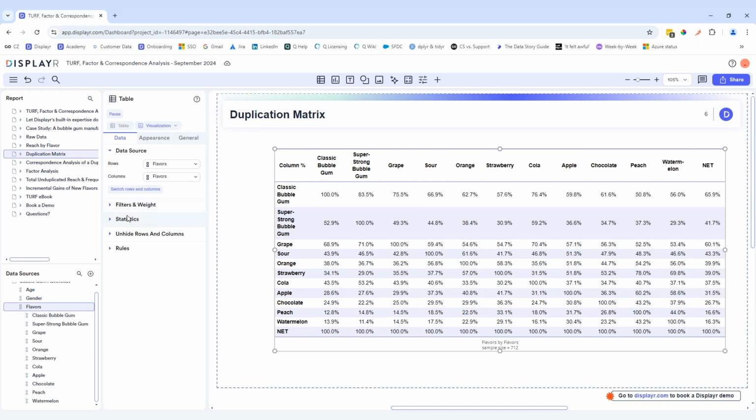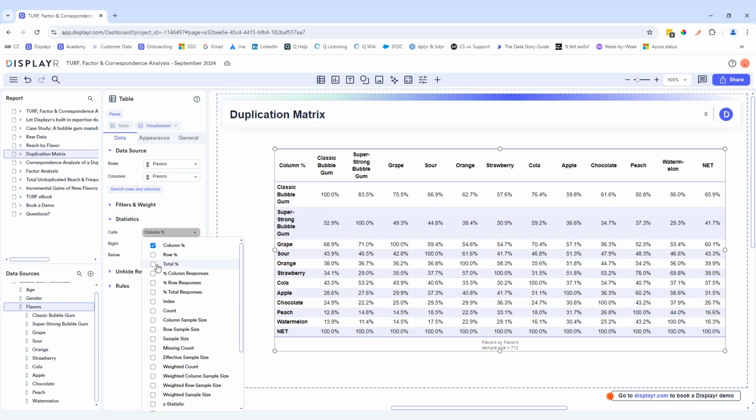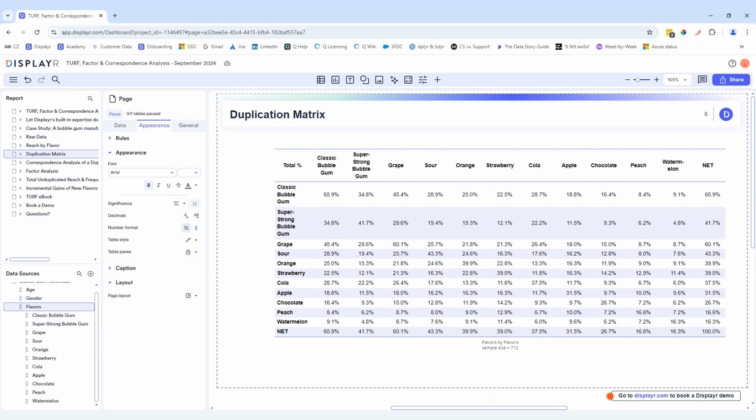But I'm going to go ahead and actually change it so the table shows total percent, which is better for this analysis. There we go. Now, reading the first row, we see that 66% like just classic bubblegum, 35% like classic bubblegum and super strong bubblegum, 45% like classic bubblegum and grape, and so on.